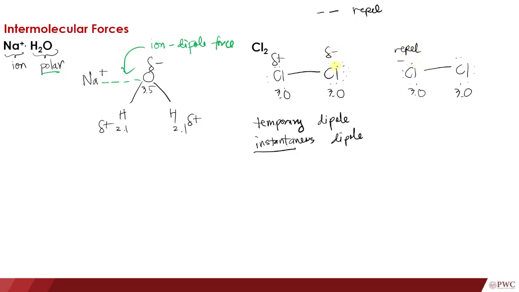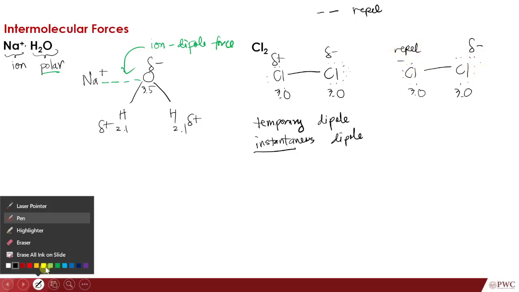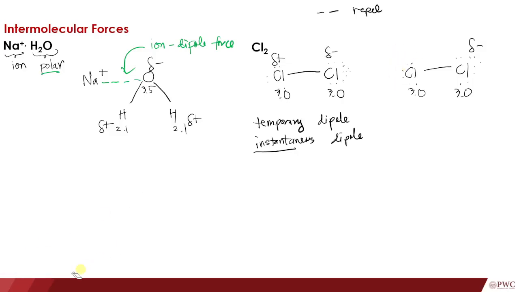So most of the electrons are now on this side. This side will become partially negative, while this side has fewer electrons because they were repelled and pushed away, so this side will become partially positive. So we also have now a dipole. Again, we have a separation of charge.